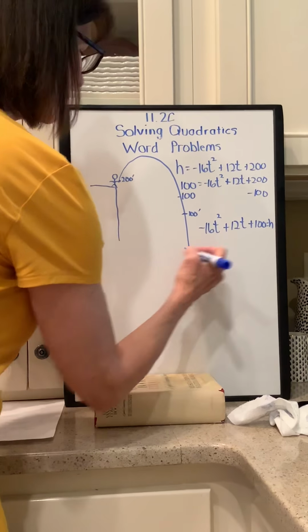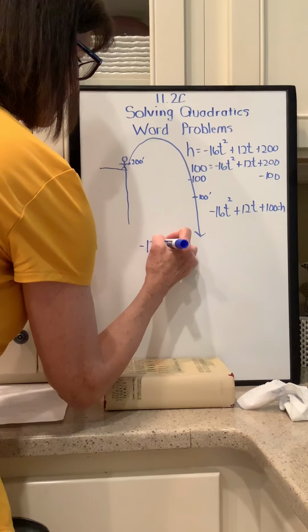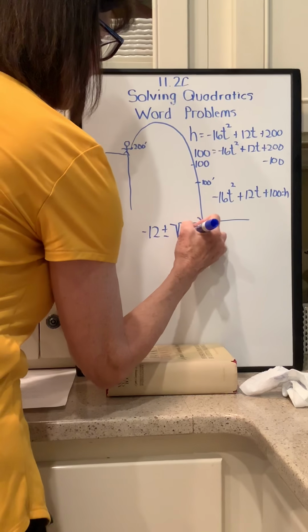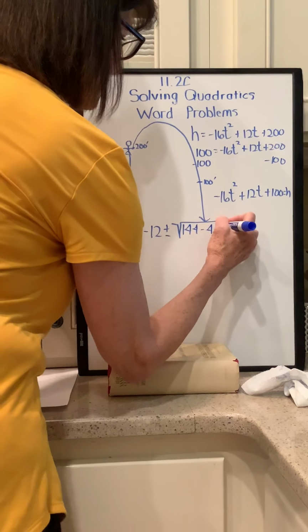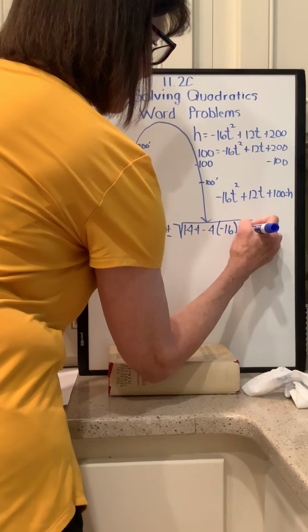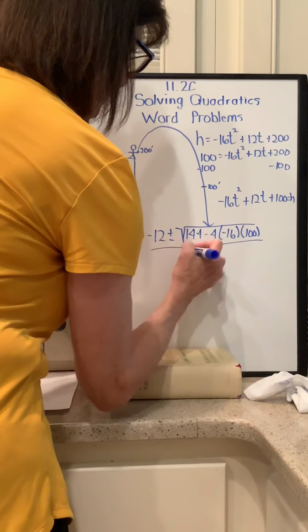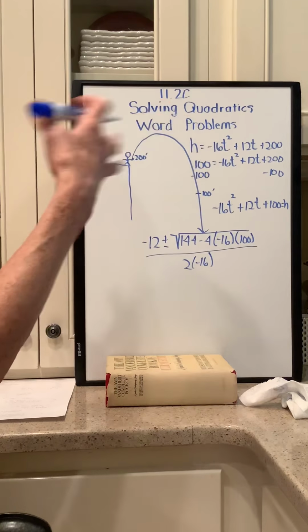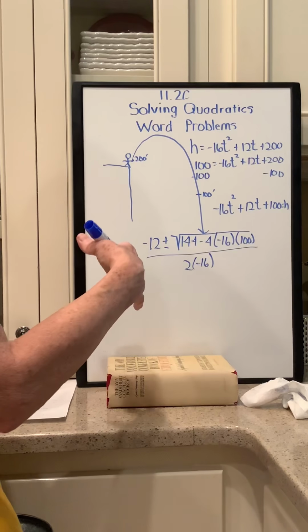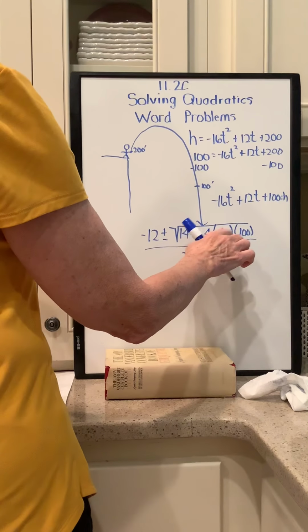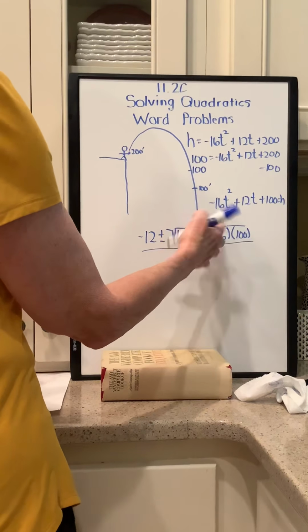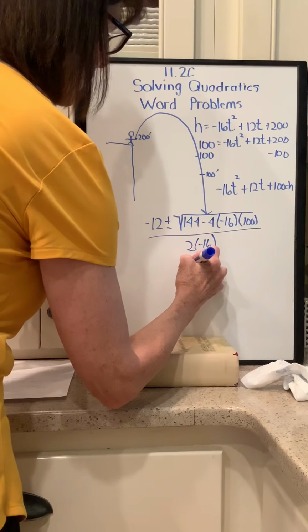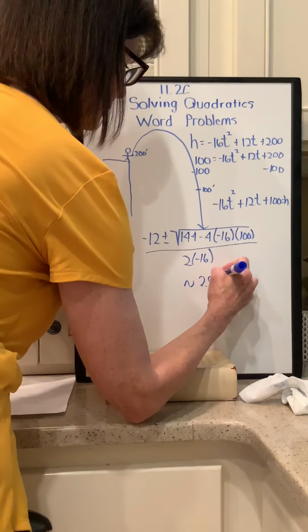So it's going to be the opposite of b, which is negative 12, plus or minus the square root of b squared, 12 squared is 144, minus 4 times a, which is negative 16, times c, which is 100, all over 2a, which is negative 16. If you plug all that into your calculators, you're going to have a negative times a negative, which is going to be a positive. Add all that up, take the square root, do all the arithmetic. You're going to come up with about 2.9 seconds.